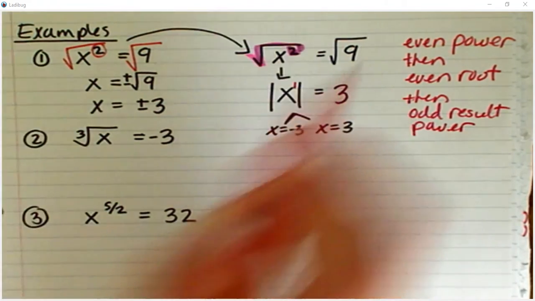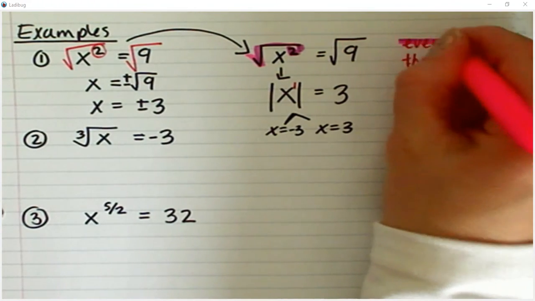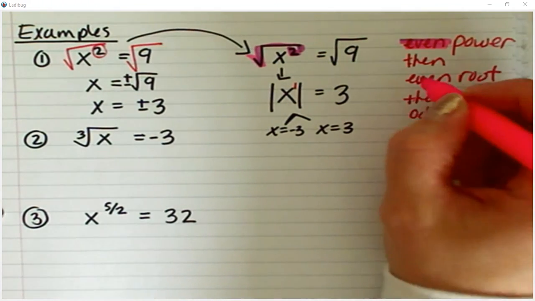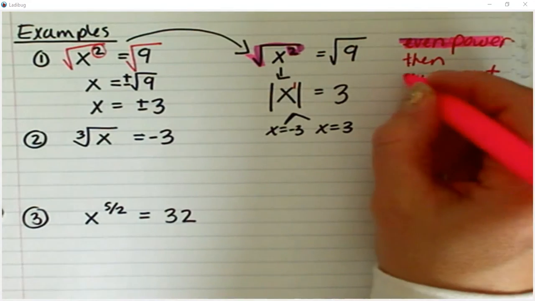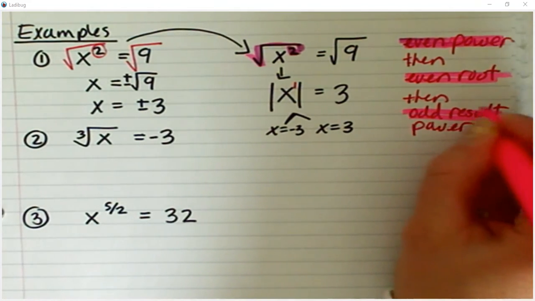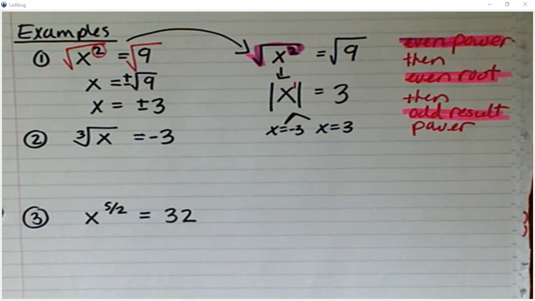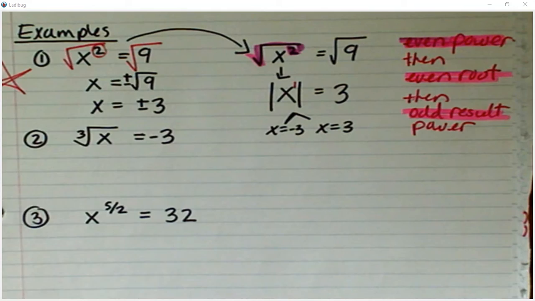Notice that this is resulting in a 1, okay? So let's look at it. First, if you start with an even power, and then you get an even root, and then you get an odd result power, you will use the absolute value. And that's one of these tricky little pieces we're going to look at a little bit further. Okay, so I'm just going to put a little star here and we'll continue to discuss that.